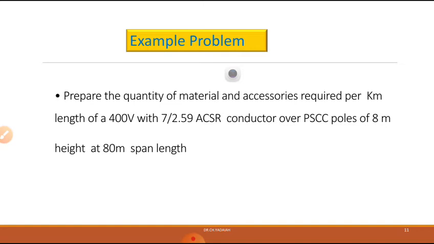Now what is given? The line is an LT line, the conductor size is also given, and the pole length is also given. In calculations, no need to bother whether it is 8 meters, 9.1 meters or 11 meters, but it's an LT line, so actually it is 8 meters. Now span is given, pole to pole distance is 80 meters.